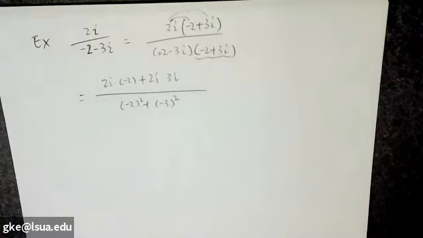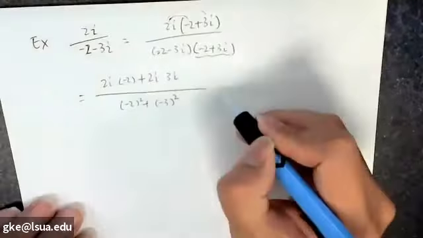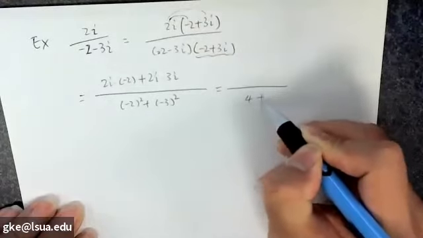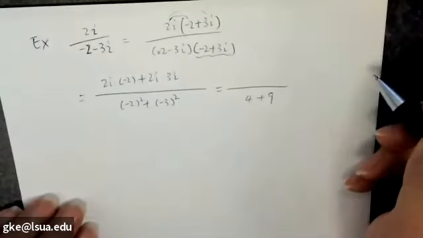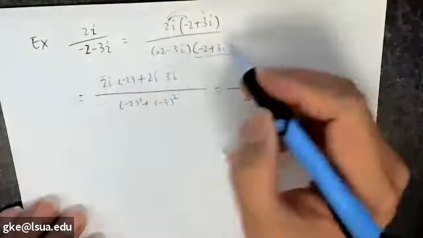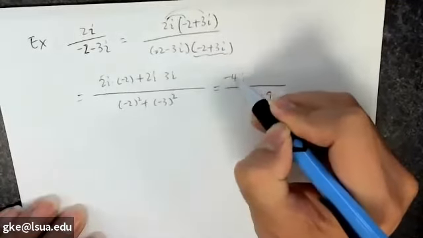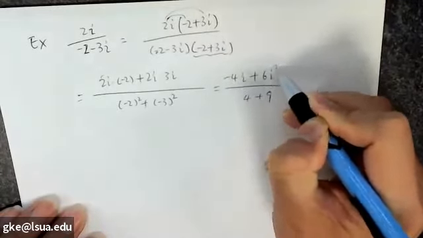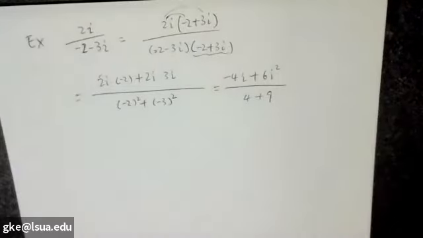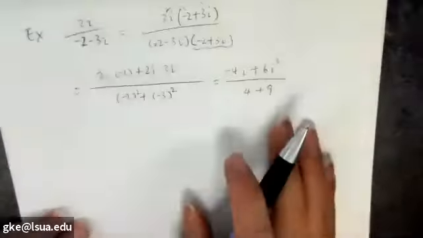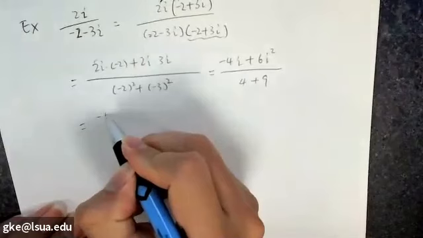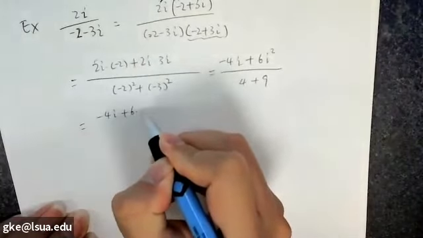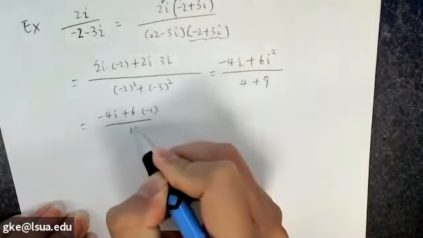The left work is simplification. 4 plus 9. And -4i plus 6i squared. -4i, 6 times -1, 13.